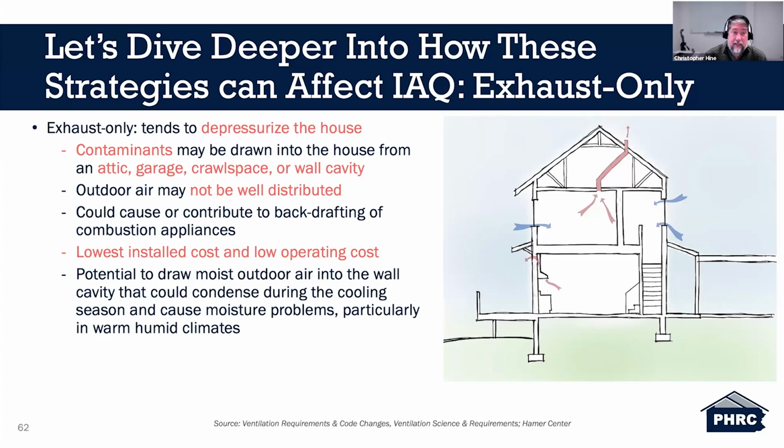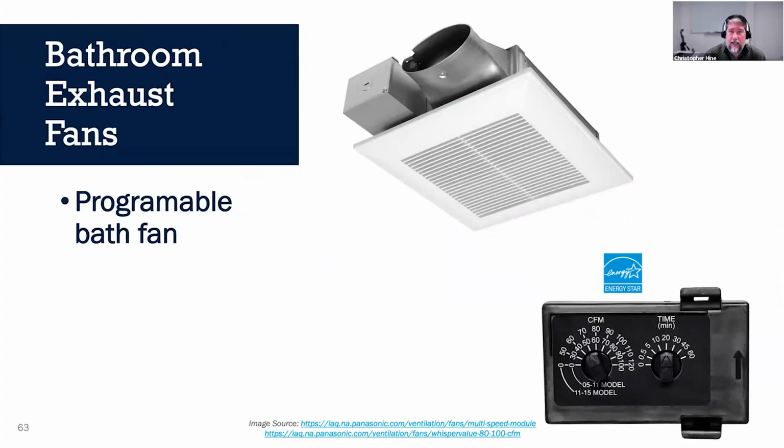This is often used because it has the lowest initial cost of operation. Here are two examples of what you can use. This is your exhaust fan, and it has to have a programmable feature that ramps up to the required CFM, and then slows back down to the minimum needed for the size of home that it is.